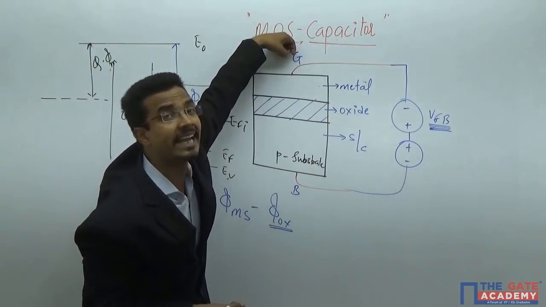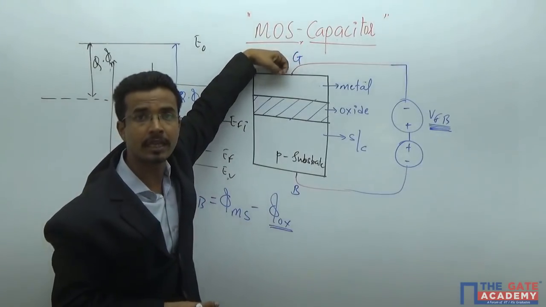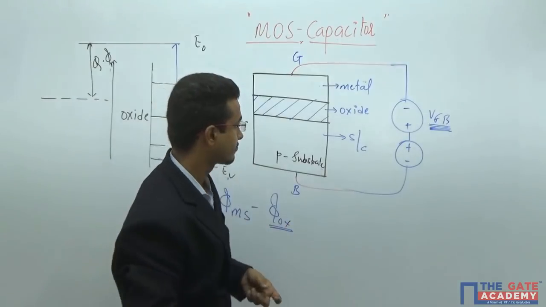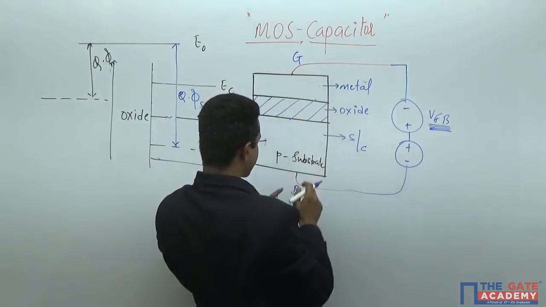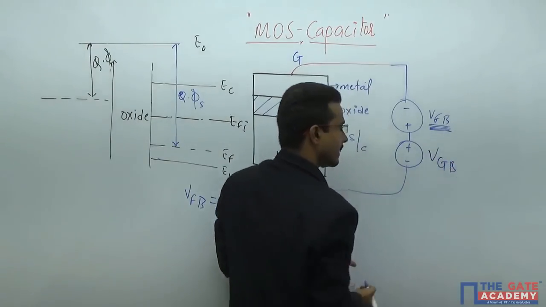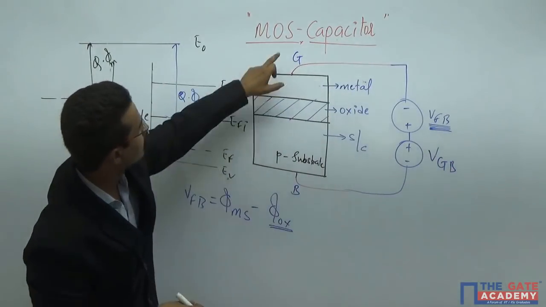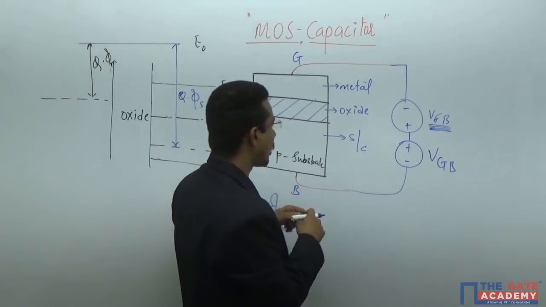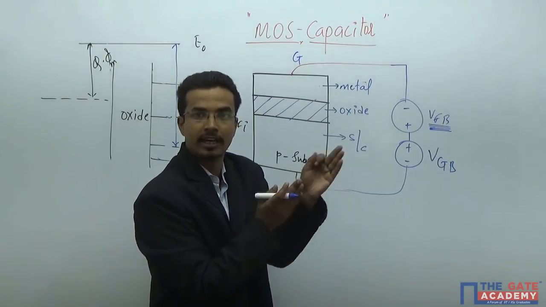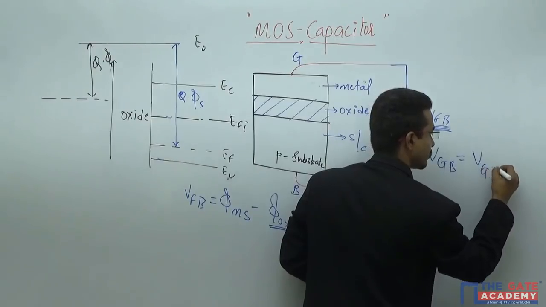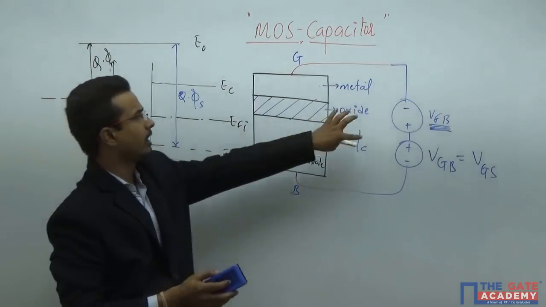That is why it is known as the gate control terminal. That means it will decide the amount of current. So I am applying this voltage, which is VGB, the voltage between gate and body. And sometimes in MOSFETs, with the source, you also call this VGS.